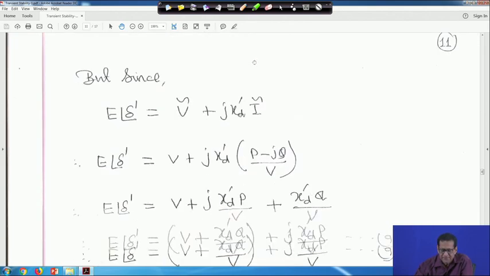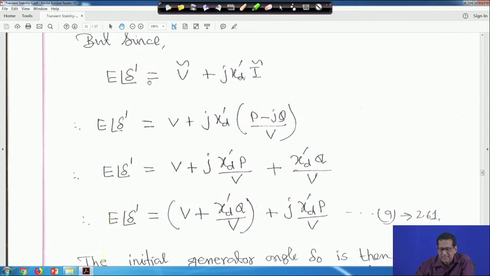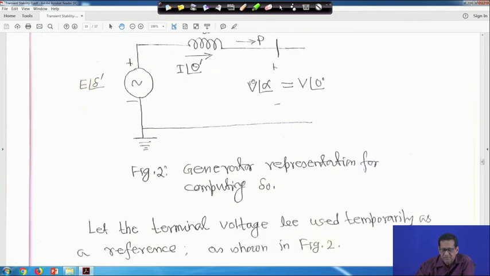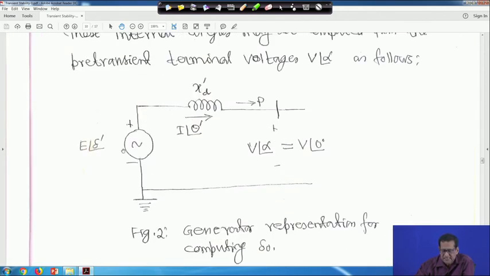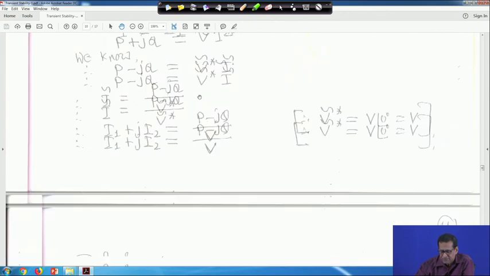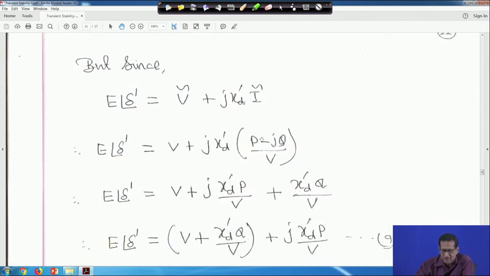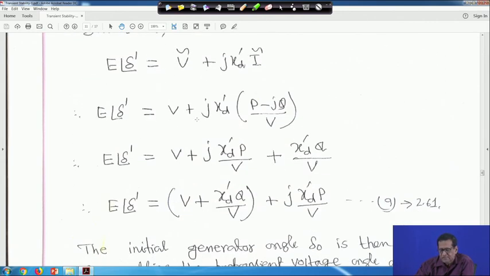Now, since E angle delta dash is equal to V tilde plus j x d dash I tilde, that means E angle delta dash is equal to V plus j x d dash I tilde, right.